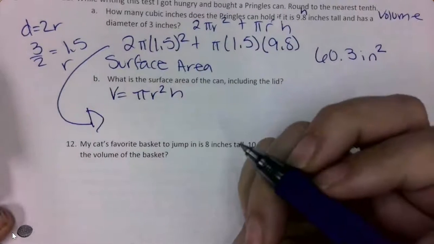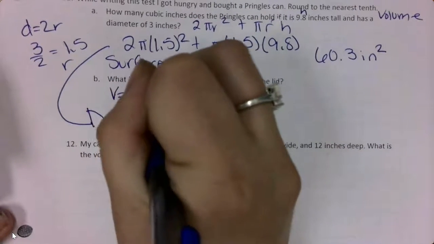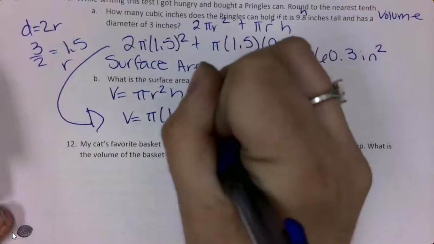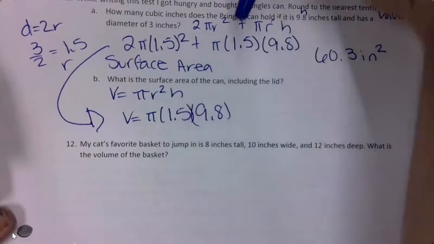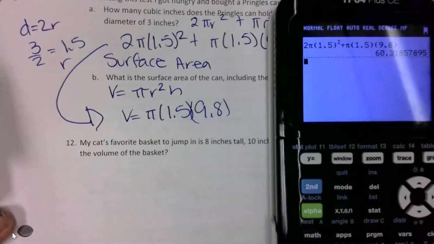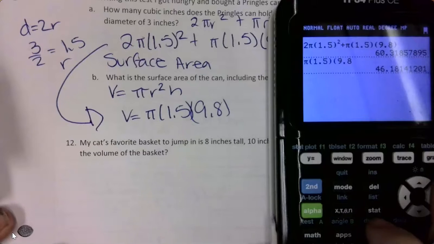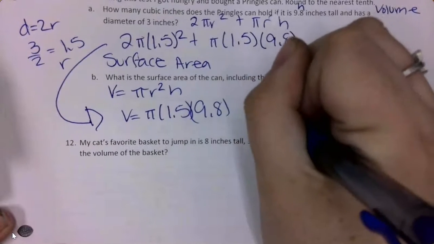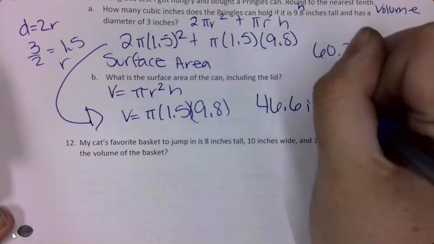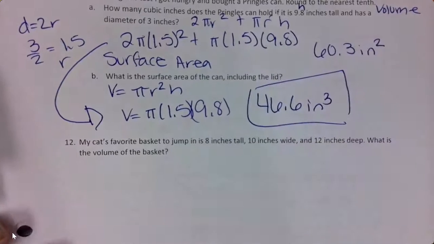Which we found out our r was 1.5. And our h was 9.8. So then I just want to go ahead and plug into those. Which gets us 46.2. Again, I apologize, I messed up and switched the order of A and B.